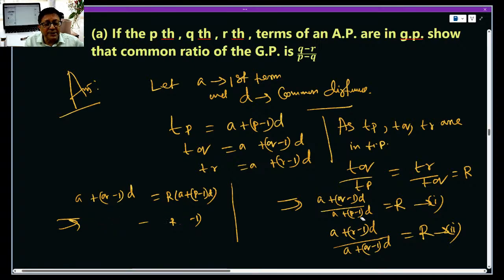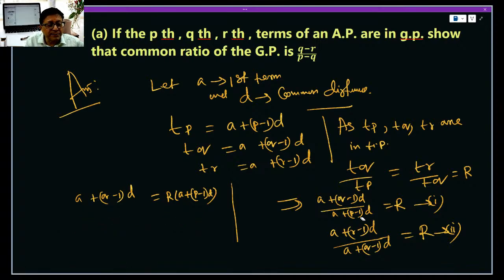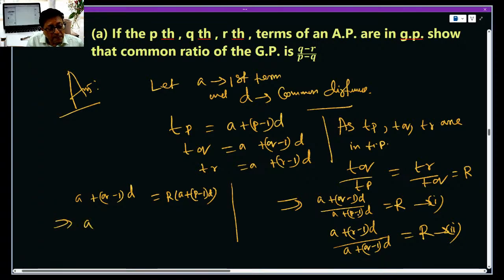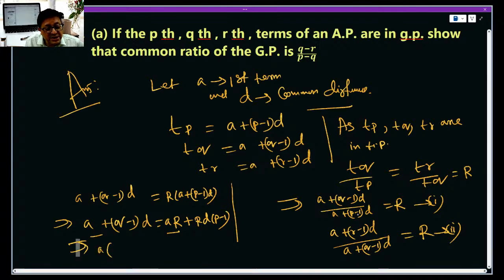Do I need to expand it? Okay, doing it step by step. I have taken a good sum for you. AR plus RDP minus 1, isn't it? Now take all R's on one side, all A's.